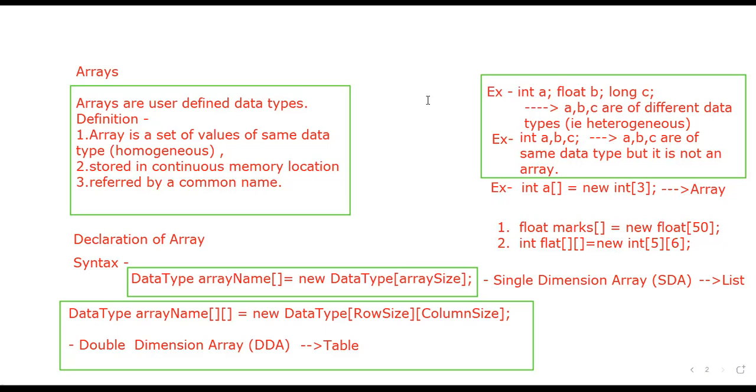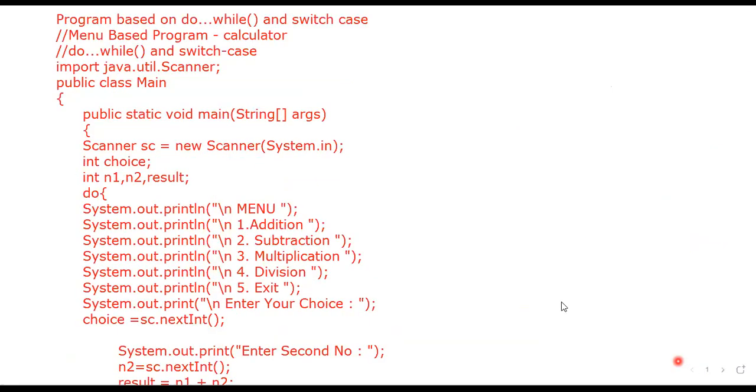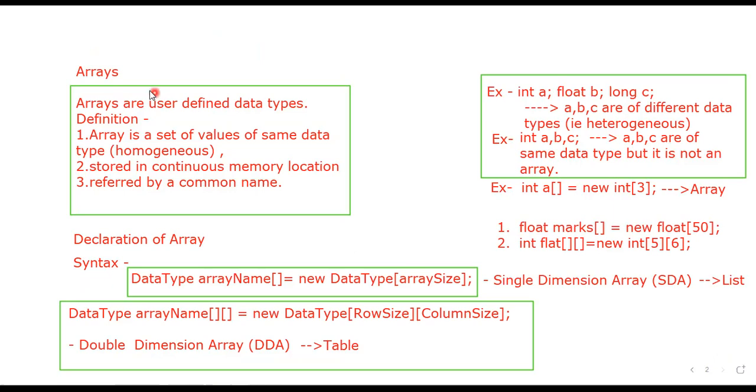Today, first we learned about a menu-based program using do while and switch case. Then we learned about arrays. Arrays are user-defined data types, and an array has a set of values of the same data type.